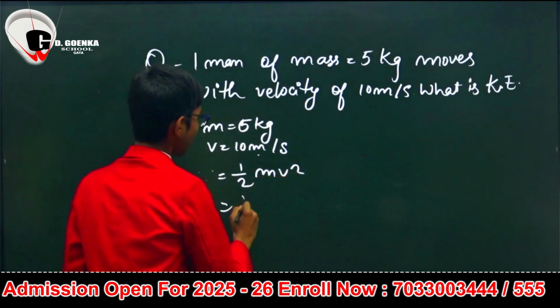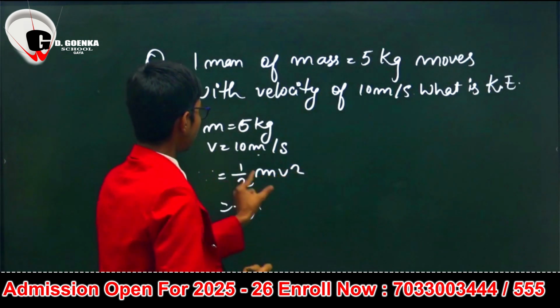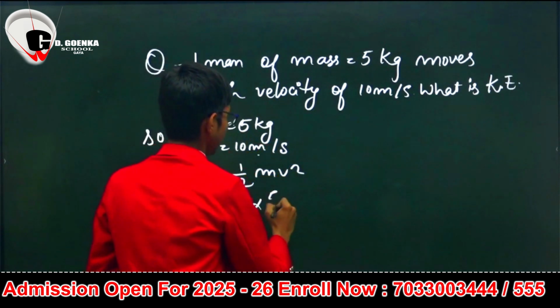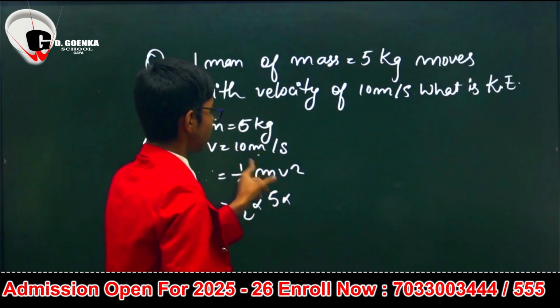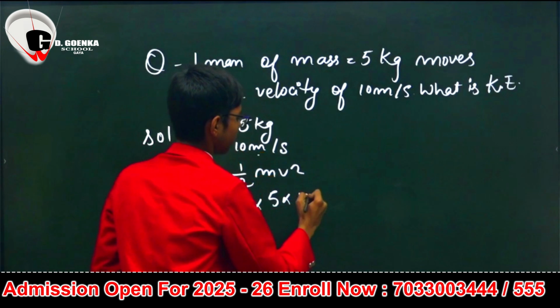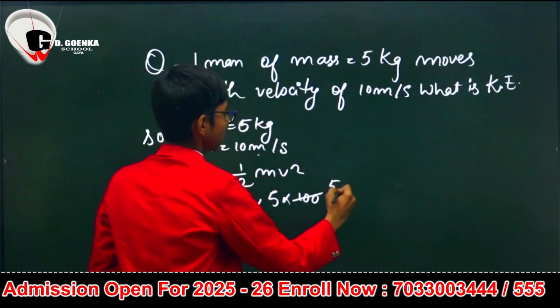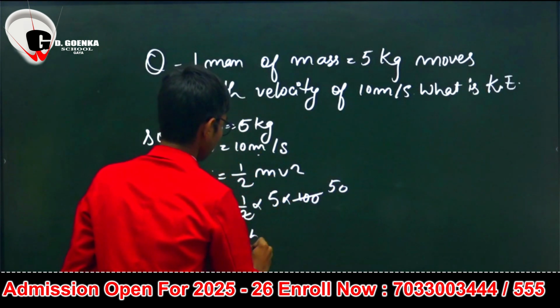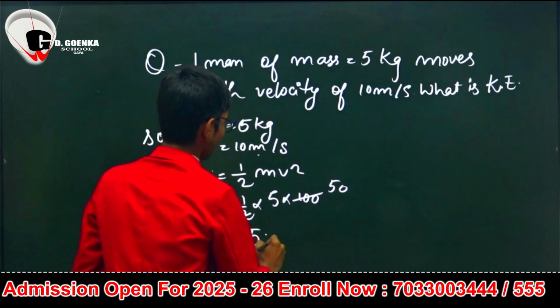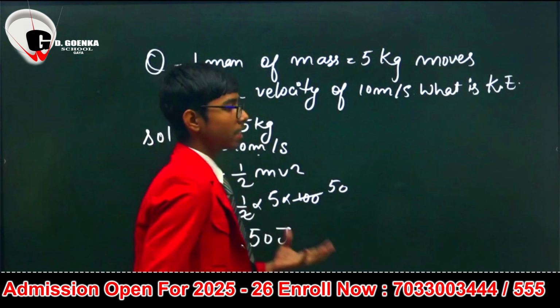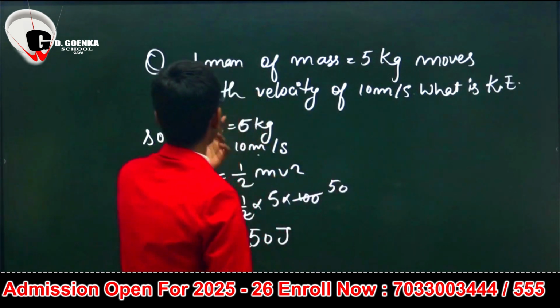So it will be half into what is the mass, 5 kg, into velocity is equal to 10. So the square of 10 is 100. So now we will cut like this. So it will be 50. So the answer will be 2500. So this is the kinetic energy possessed by the man.